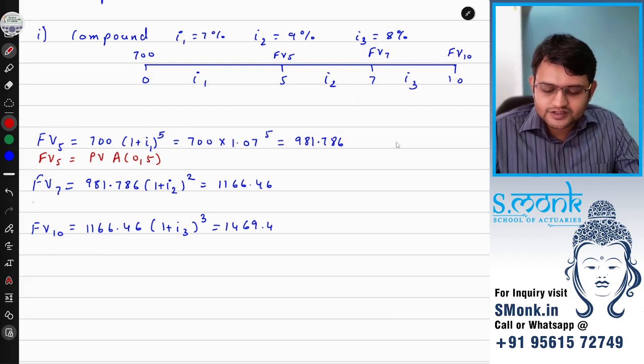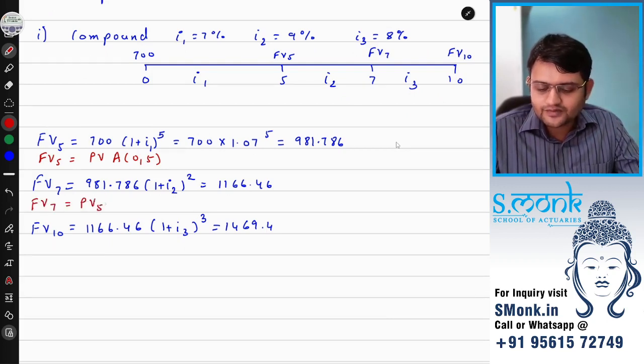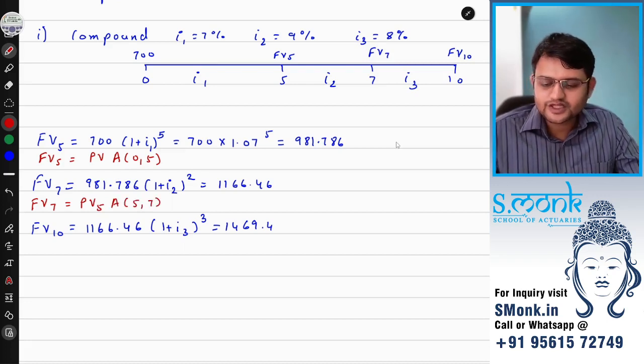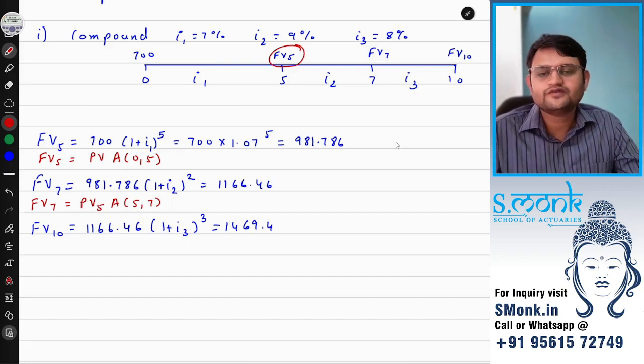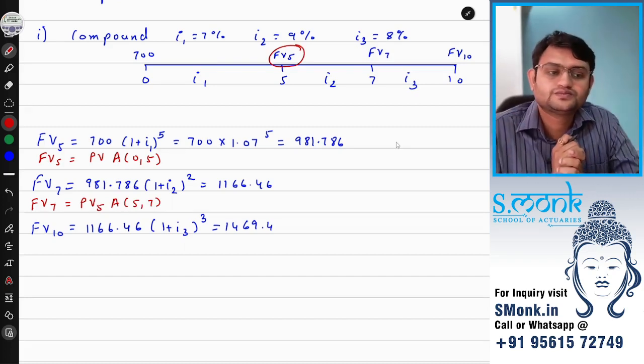Here I can say this is nothing but future value at time 7 with present value at time 5, accumulation from 5 to 7. So basically you can say future value at time 5 is also the present value at time 5 because it's just the time value.